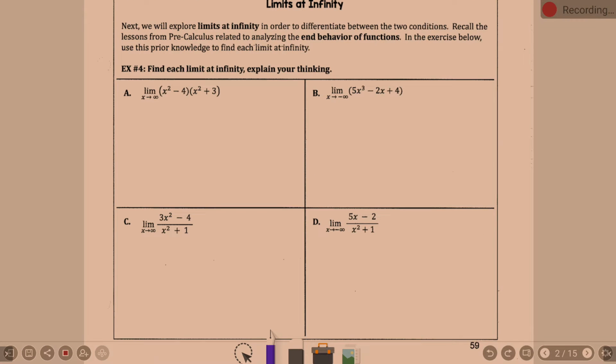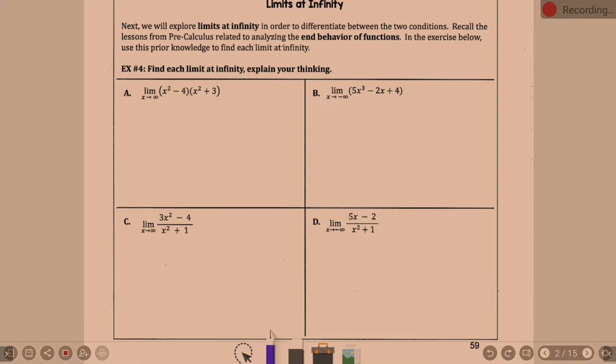Okay, so now we get to explore limits at infinity. What we just did, and we did a little bit of both yesterday, focused more on limits equaling infinity. Now it's going to be more about limits that approach infinity. We talked about end behavior, both in Algebra 2 and Pre-Calc, really.